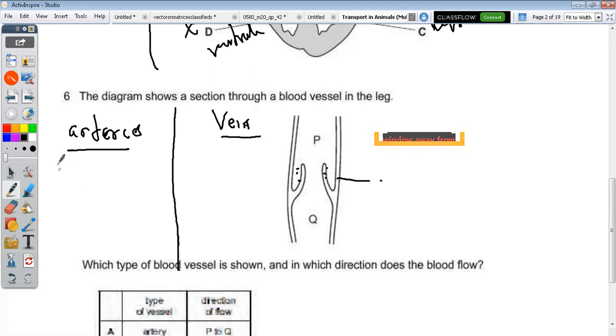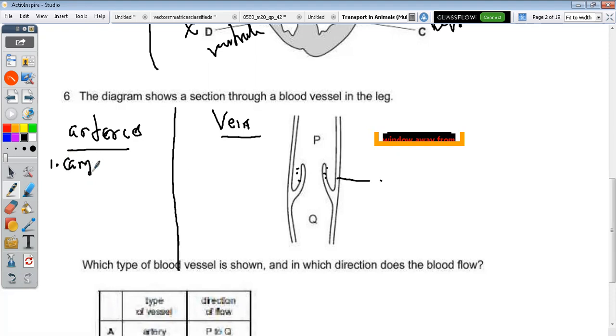Let's start afresh. What did you say about arteries? Arteries carry what? Can you tell me without looking at your book? Do they carry oxygenated blood, that's what I'm asking? Without looking at your book. Arteries carry oxygenated blood.